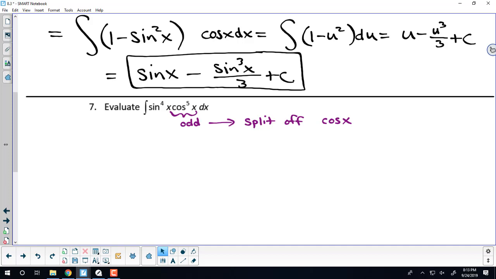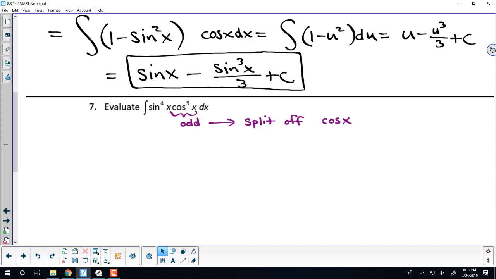Because it's sine to the 4th, you can decide how you do it. Just expand 1 minus u squared, squared.